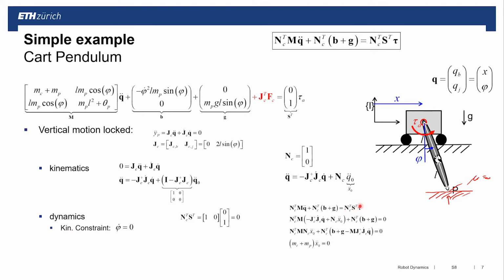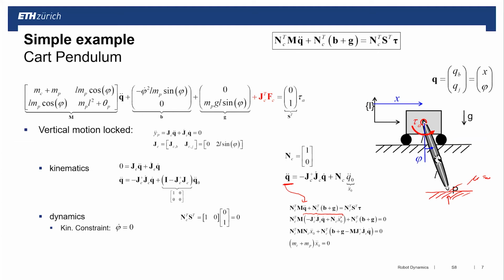I have to set the right-hand side to 0 because NC transpose times S transpose equals 0. And I have the left-hand side. In this left-hand side, we know that my Q double dot has to be consistent with the constraint. So I take this Q double dot, I insert it in here, which gives me this part.